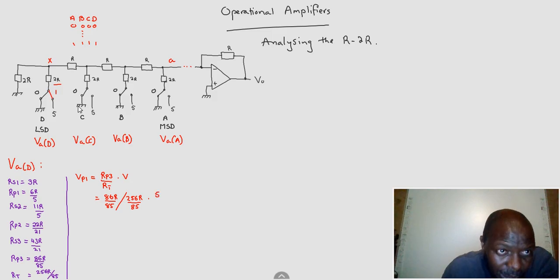When you close the switch, it's going to supply us with 5 volts. The R's resolve.